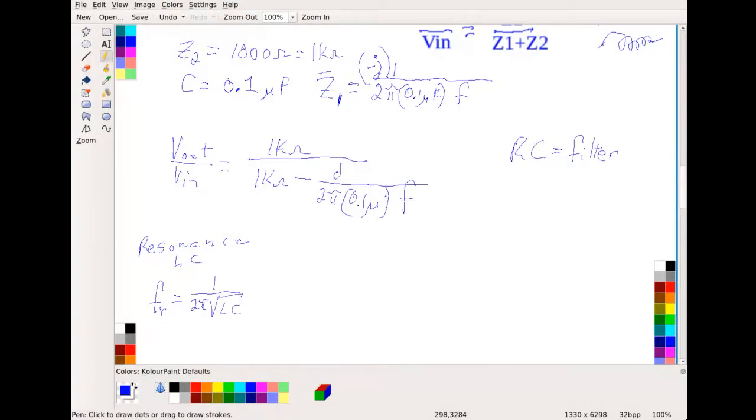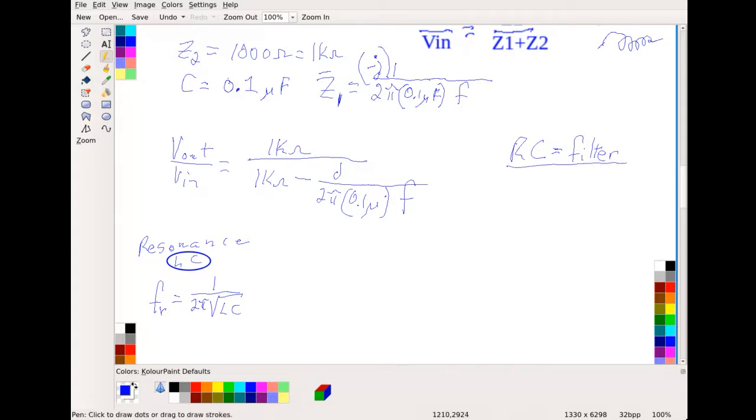That was our resonant frequency. However, again, that's for inductance and capacitance.